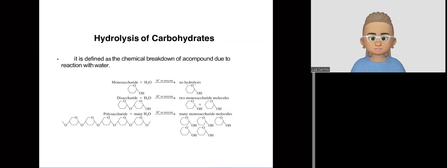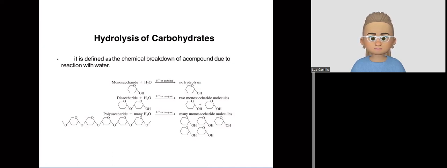When it comes to the different carbohydrates that we are studying in this course, understand that the only carbohydrate that cannot undergo hydrolysis is going to be monosaccharides. On the other hand, disaccharides are going to be hydrolyzed to two simple monosaccharides, because remember that if it's a disaccharide, it is made out of two single carbohydrate units. Next, if you have a polysaccharide, understand that you're going to get many, many, many units of monosaccharides.